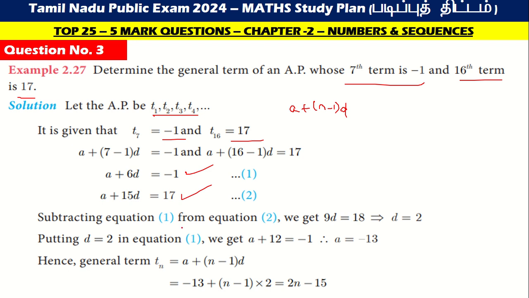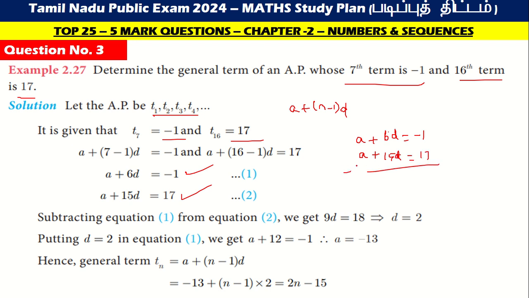Subtracting equation 1 from equation 2, we get 9d is equal to 18. How? a plus 6d equal to minus 1, a plus 15d equal to 17.